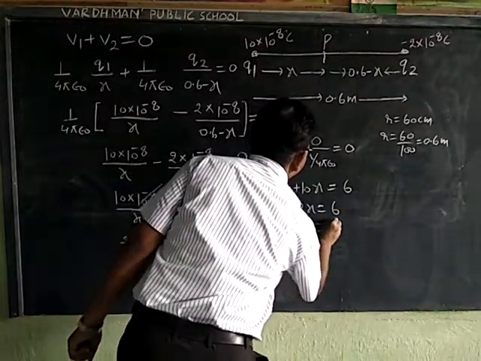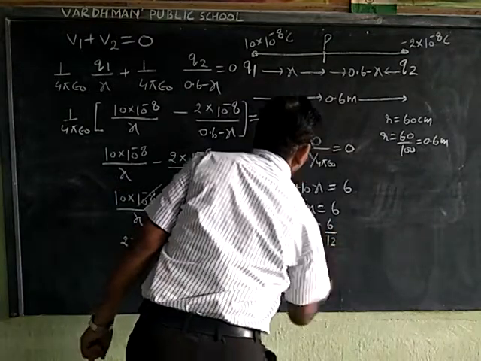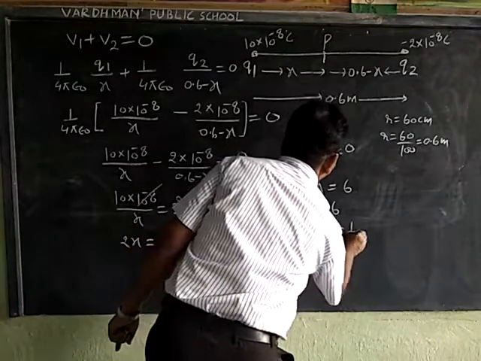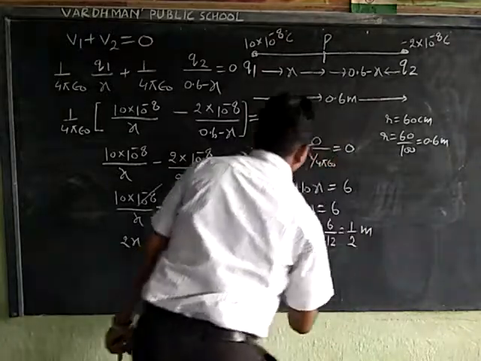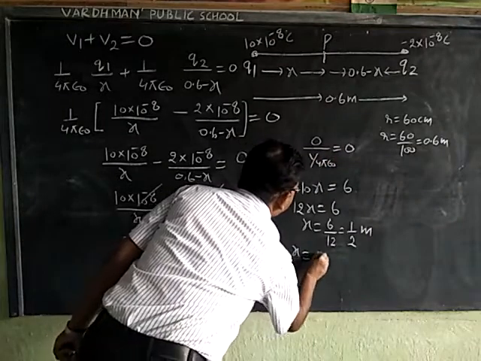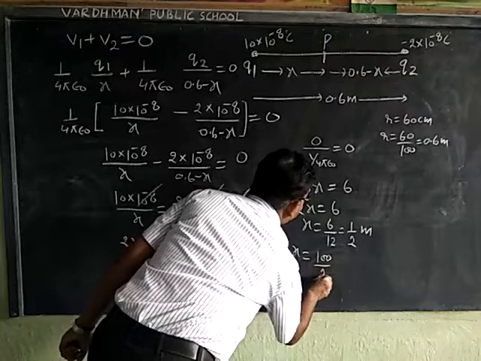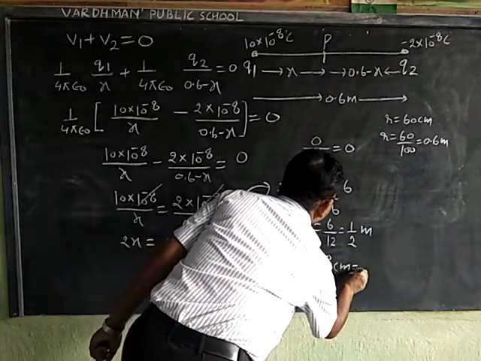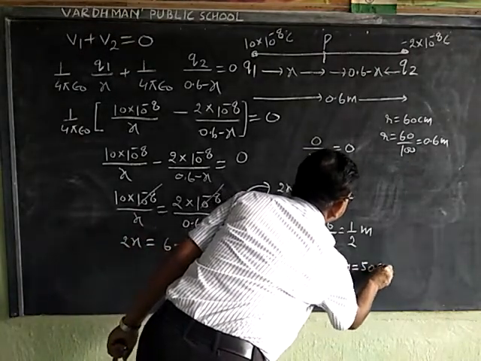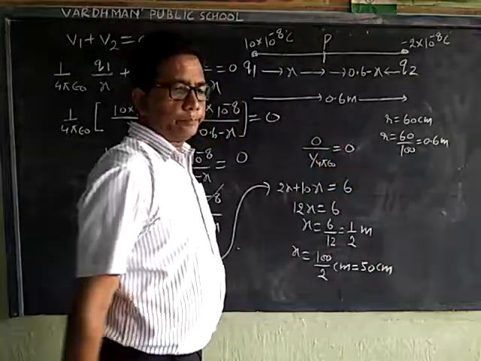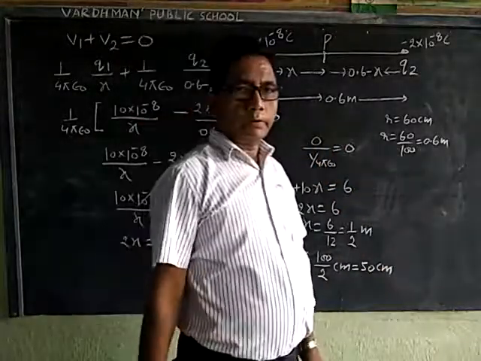Then x is equal to 6 upon 12, that is 1 upon 2 meter, or x is equal to 100 upon 2 centimeter, which is equal to 50 centimeter. Thank you.